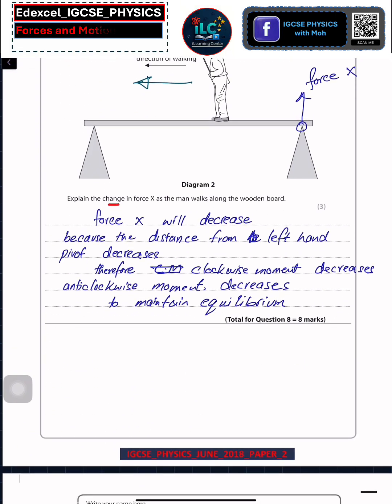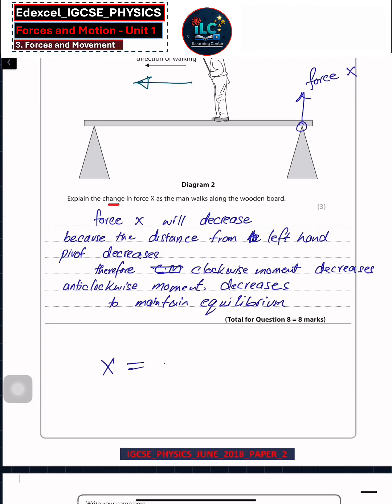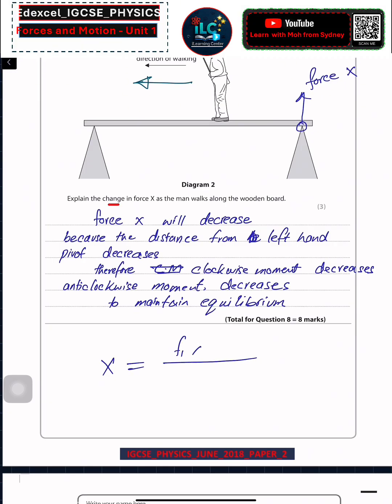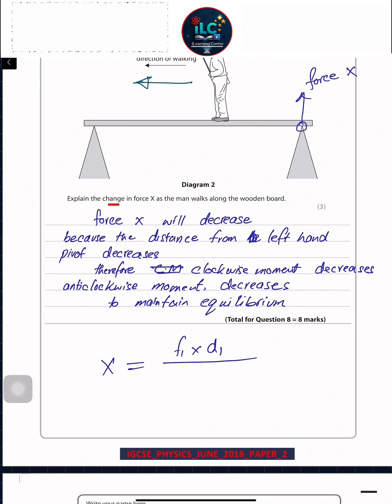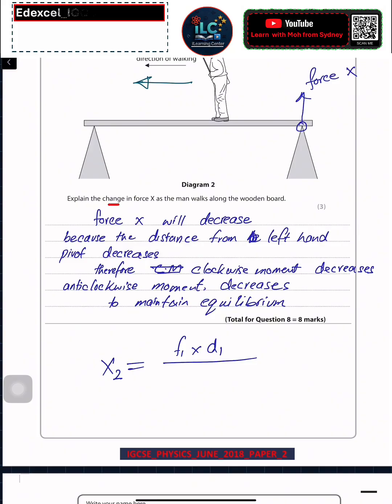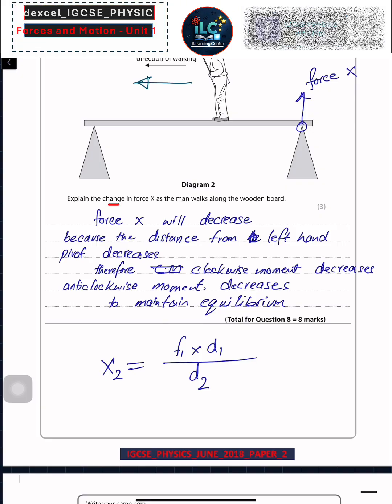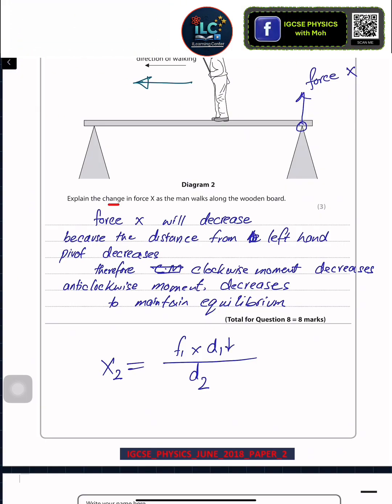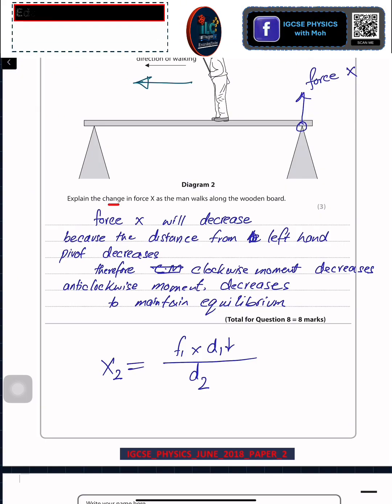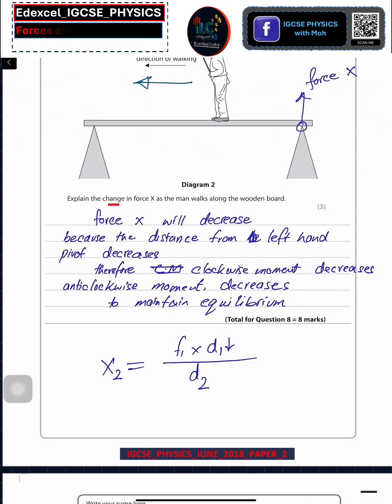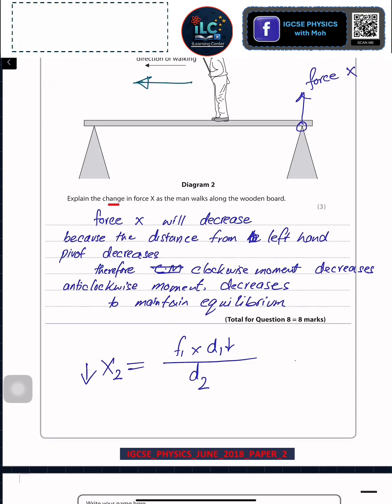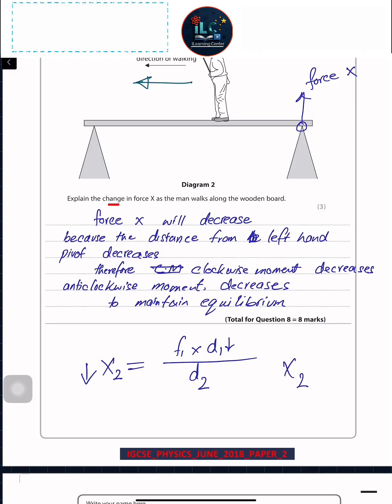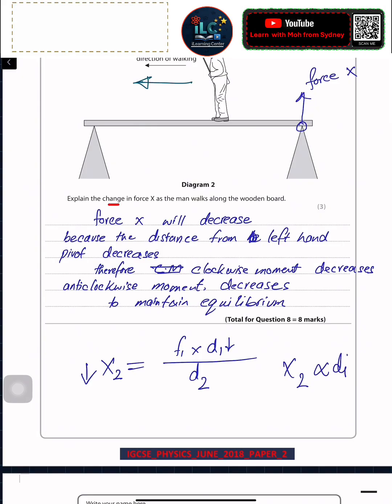So if you remember the formula before, we were saying force 1 into d1 divided by, if this is x2 and this is d2. So what's happening here is your distance here is decreasing. So if this is decreasing, your x has to decrease, because I can say that x2 here is proportional to d1.